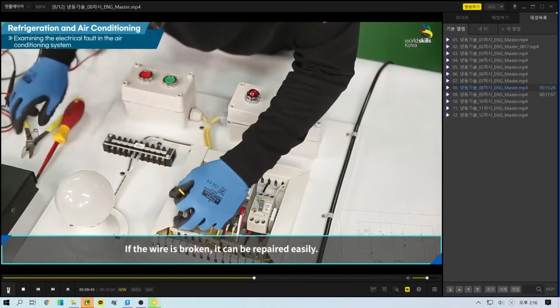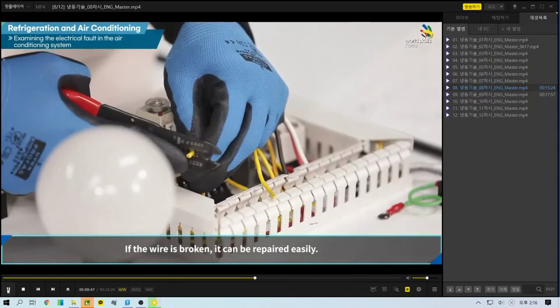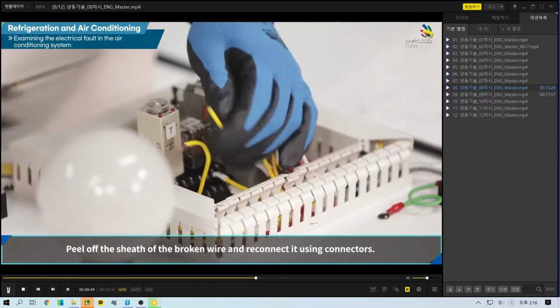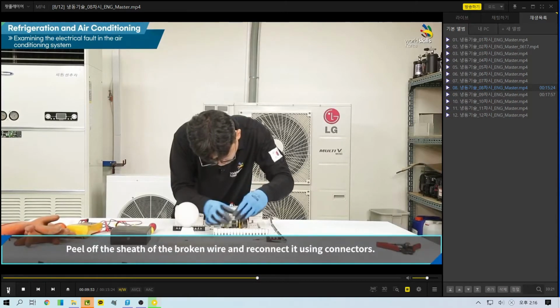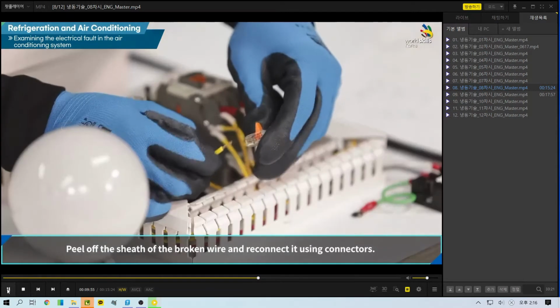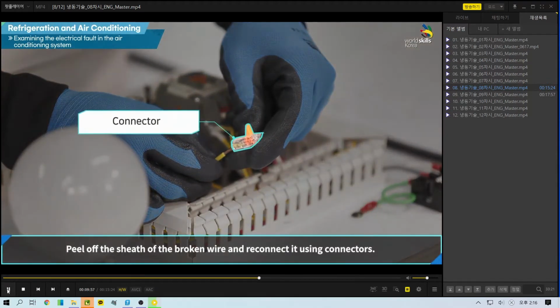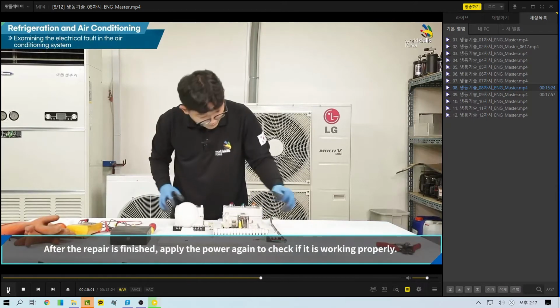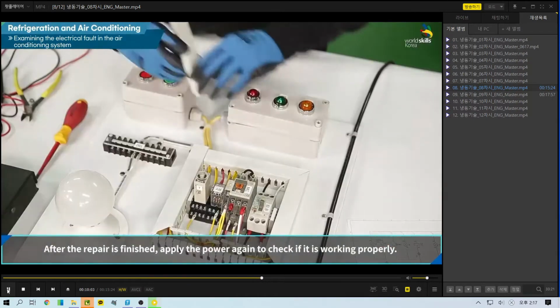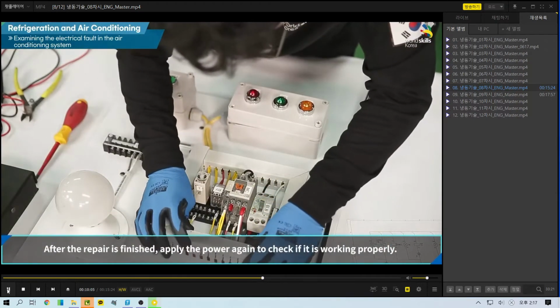If the wire is broken, it can be repaired easily. Peel off the sheath of the broken wire and reconnect it using connectors. After the repair is finished, apply the power again to check if it is working properly.